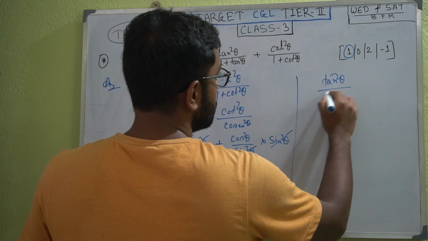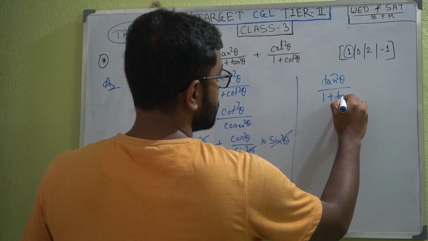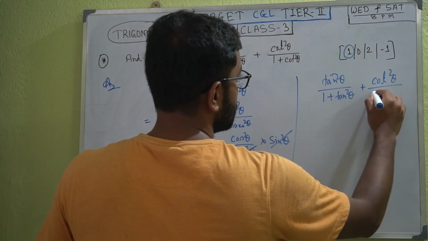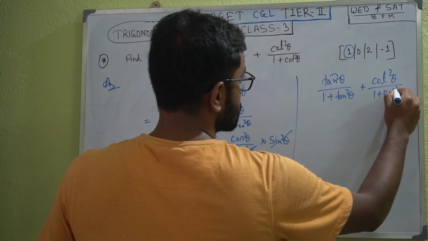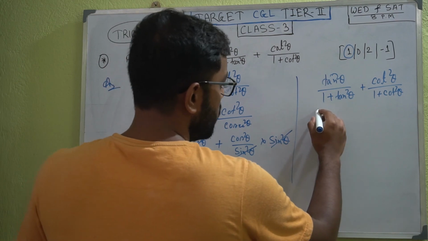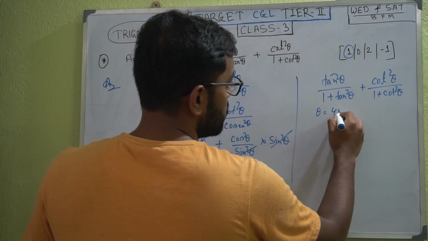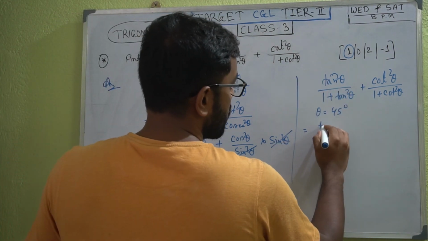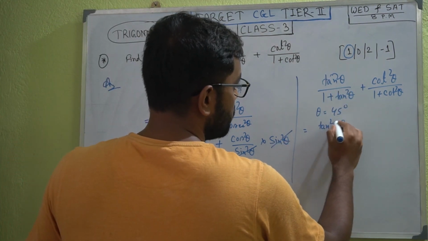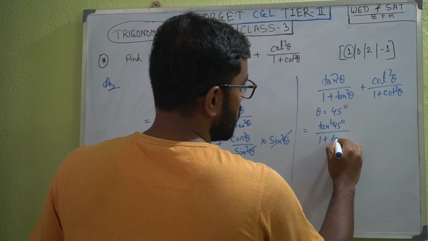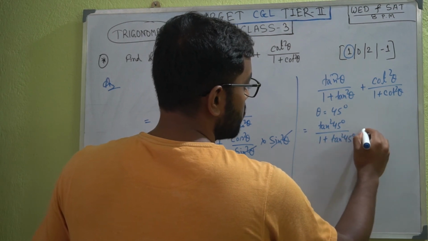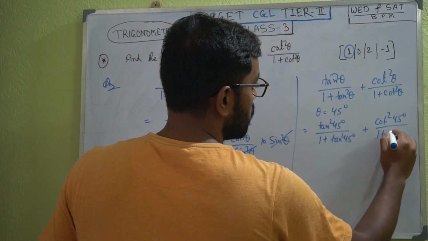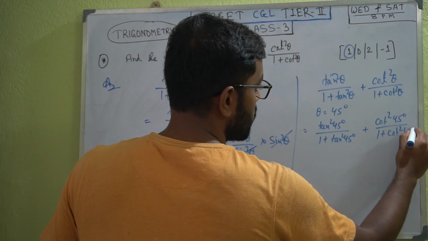Tan square theta by 1 plus tan square theta plus cot square theta by 1 plus cot square theta. We put the value of theta equal to 45 degree. Okay, then tan square 45 by 1 plus tan square 45 plus cot square 45 degree by 1 plus cot square 45 degree.